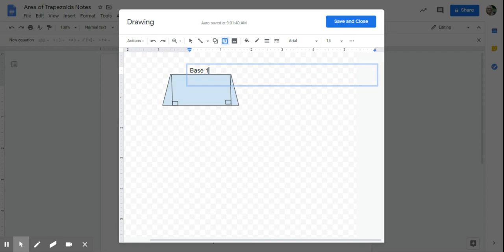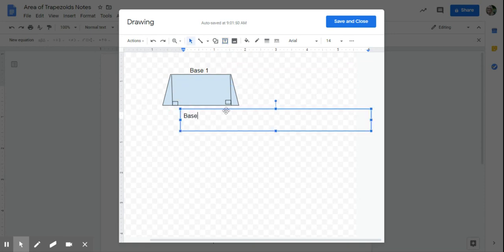And I'm always going to call the longer side base 2. This right here, all the way across, is base 1. Sorry, that's not a perfectly straight line. And this right here, all the way across, is base 2.